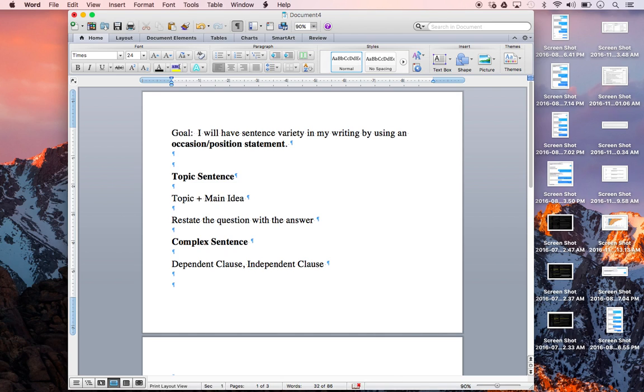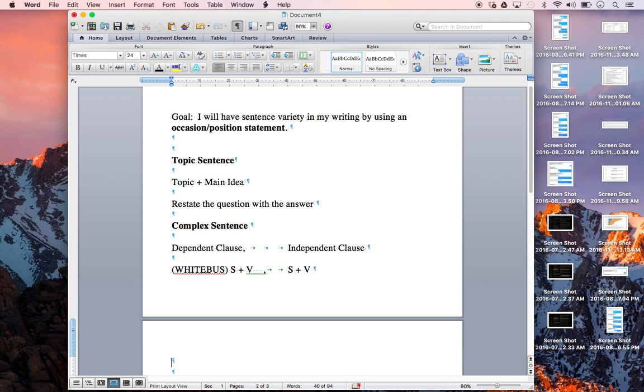Now, let's remind ourselves what a dependent clause is. The dependent clause, if you recall, begins with a white bus word, and then you have a subject plus a verb. And you get that comma, and you have an independent clause, which is just a subject plus a verb.